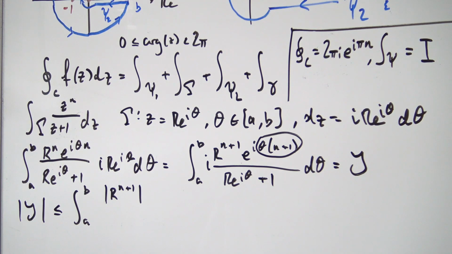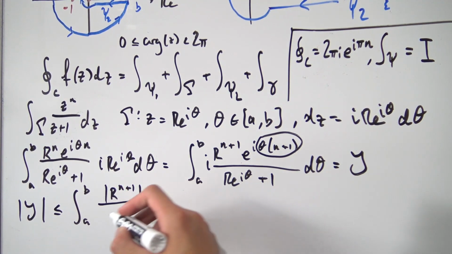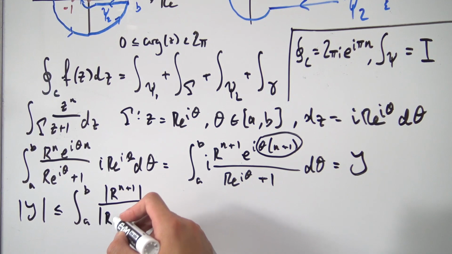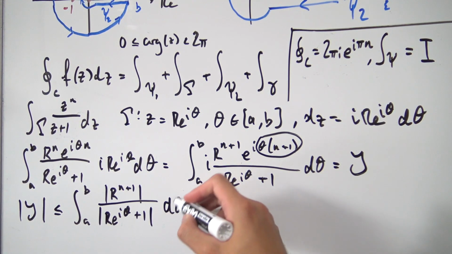So whenever you have e to the I times some real number, that's just going to give you some complex number on the unit circle, and the absolute value of that is just 1. So we can ignore that as well. And absolute value of the denominator, that's going to give us the absolute value of r times e to the I theta plus 1, d theta.